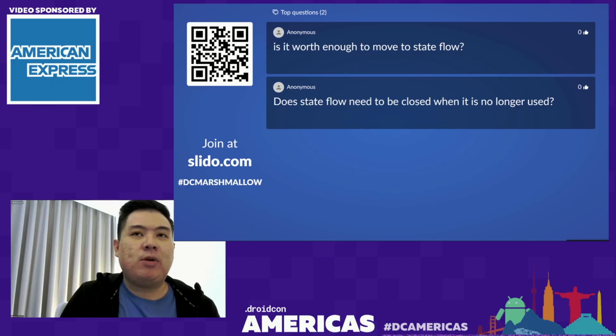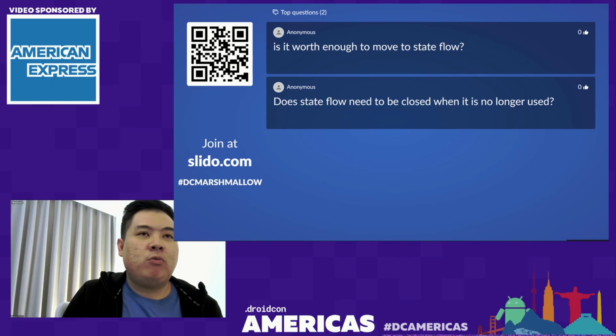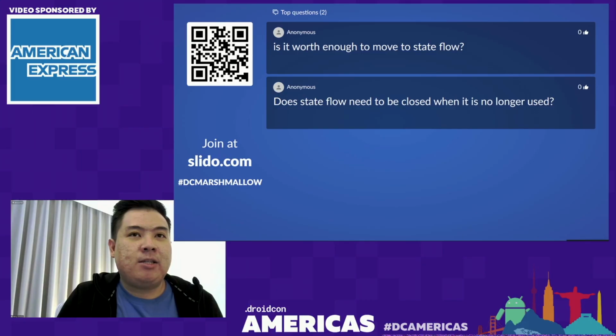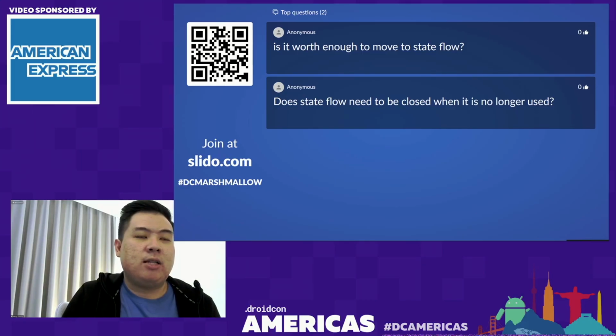That's why when we are working with MVP and we want to adopt StateFlow, it's definitely worth it. It also simplifies the code a lot, and yeah, it's definitely worth it.